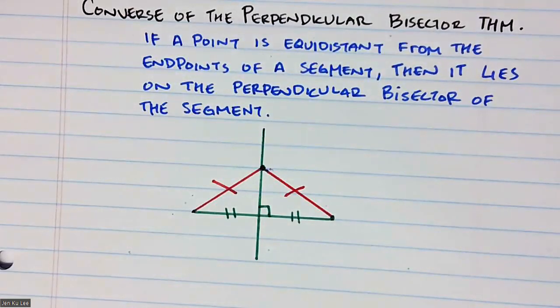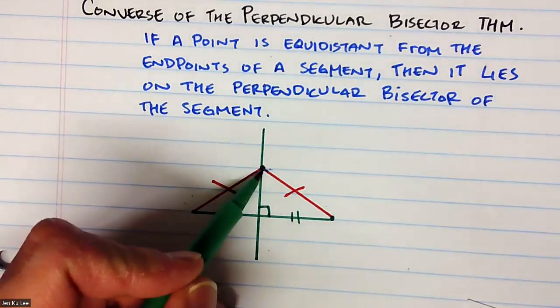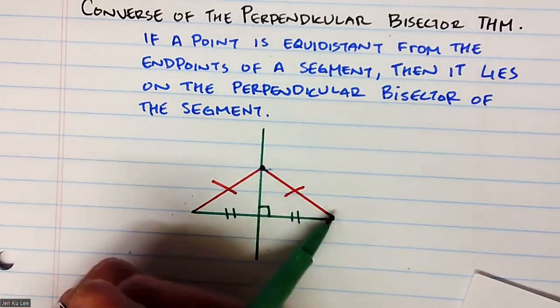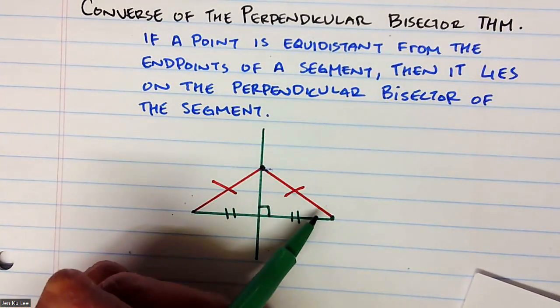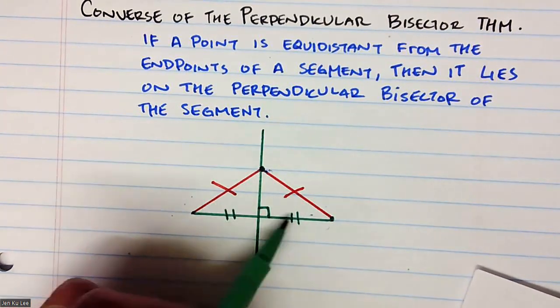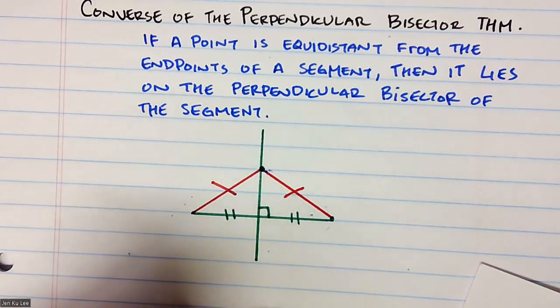An isosceles triangle, then you know those two things, okay? Then they're equal in distance. Either you know this one is equal to this one because of the perpendicular bisector theorem, or you know that these two guys are equal in green because of the converse of the perpendicular bisector theorem.